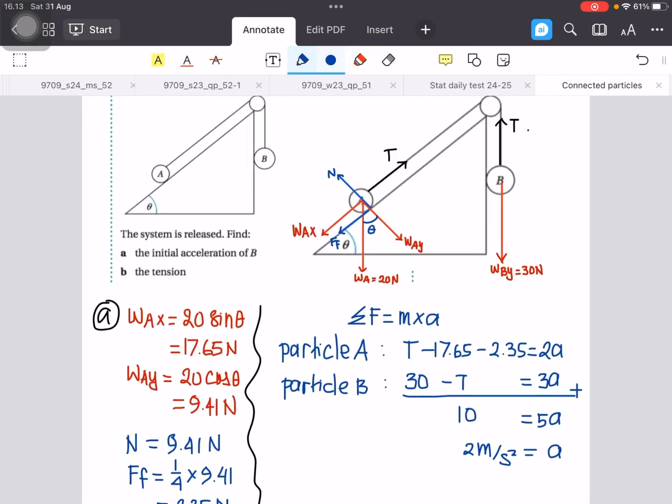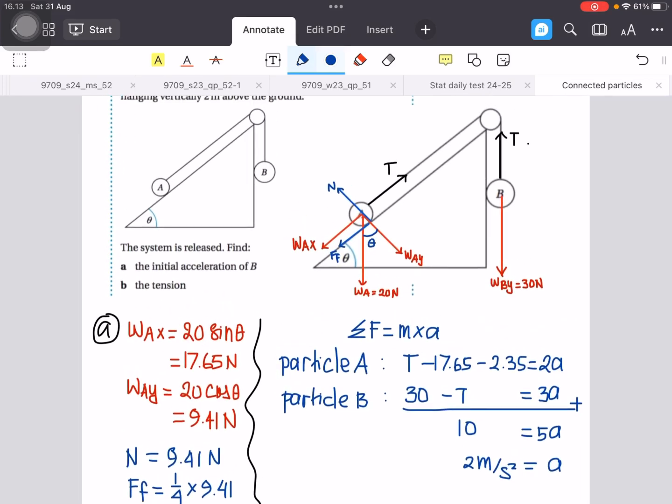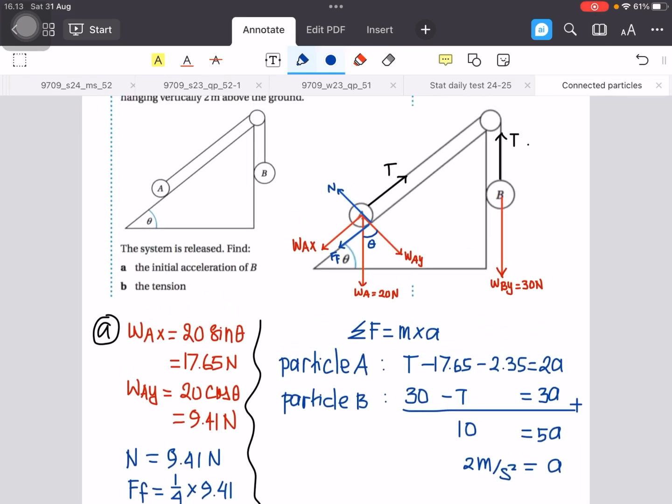And then using Newton's second law, net force is equal to mass times acceleration. We apply this to particle A and B respectively.